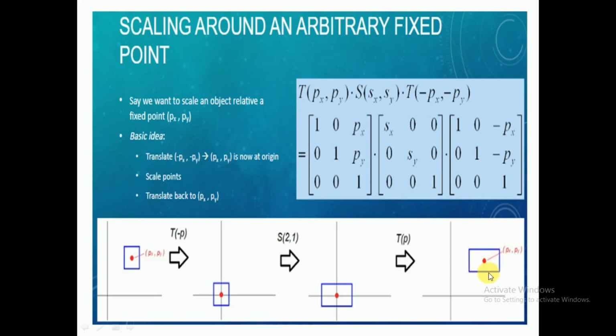Here object size is increased. If you are reducing object size, then the scaling matrix will be different, inverse scaling. But if you compare the output to this, the size is big. That's why it is normal scaling, you are not doing inverse scaling. If you had done inverse scaling, then definitely this box would be smaller than this. But this box is greater than this, meaning you have done normal scaling. Then again send back, right?